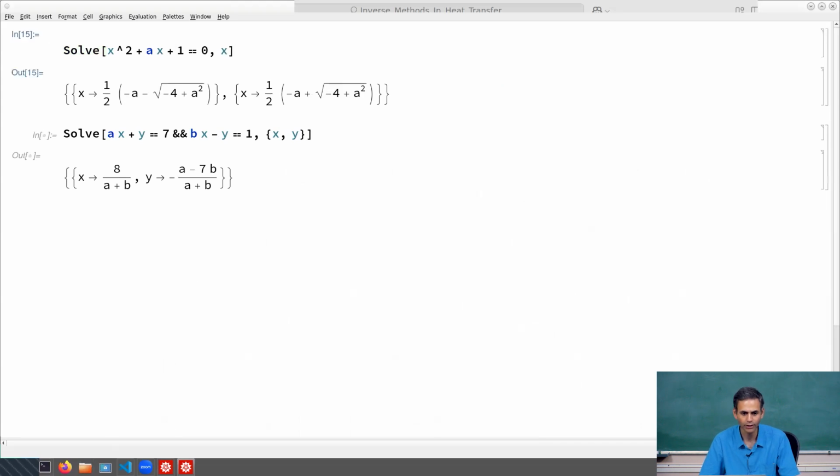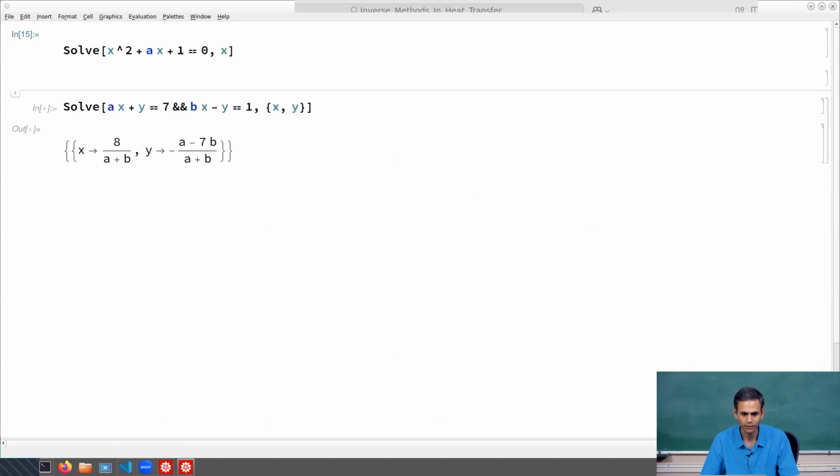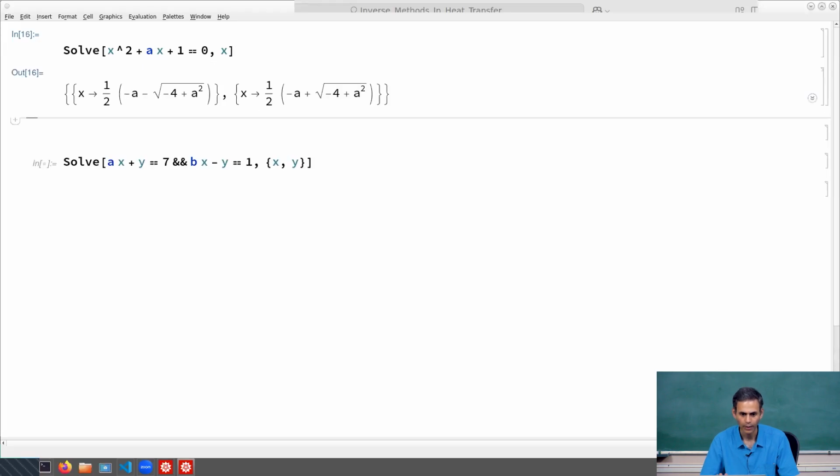I have already solved it here. It basically solves for x from this equation, and it gives me x equals minus a plus square root of a square minus 4, divided by 2. Similarly, the other value of x is minus a minus square root of a square minus 4, divided by 2.